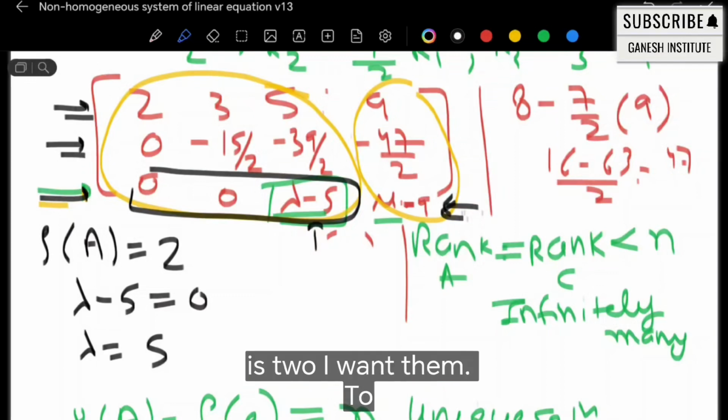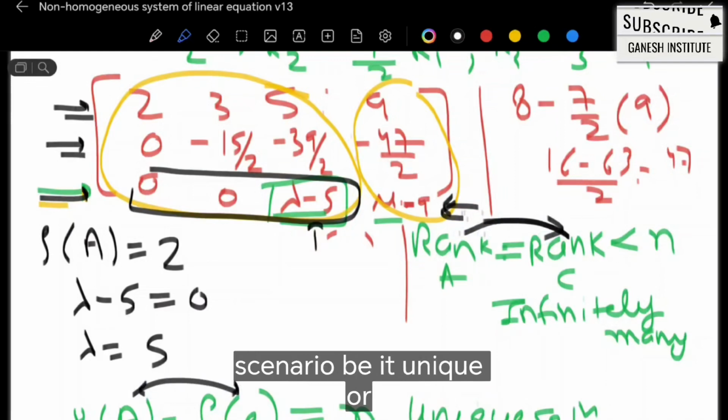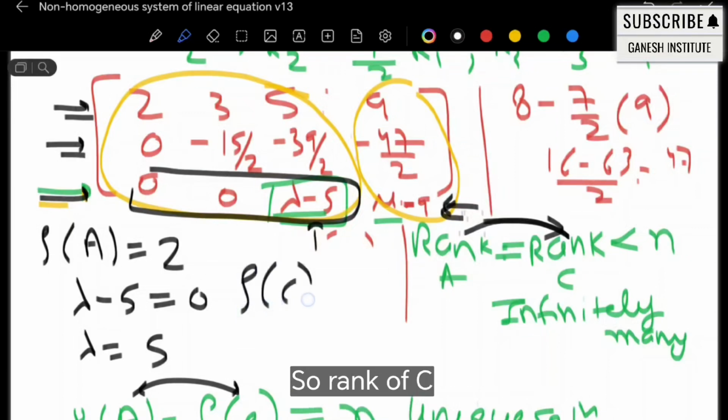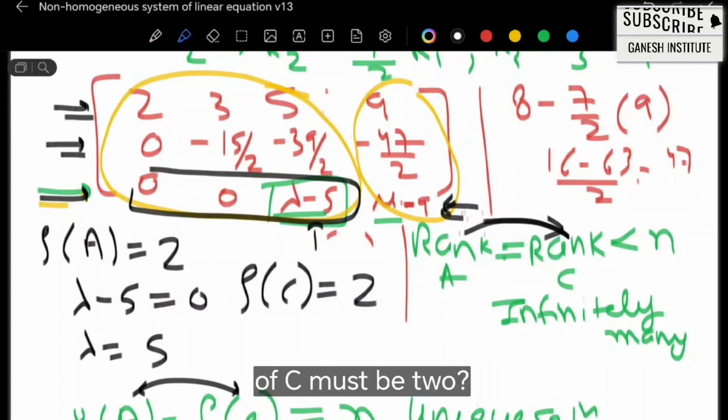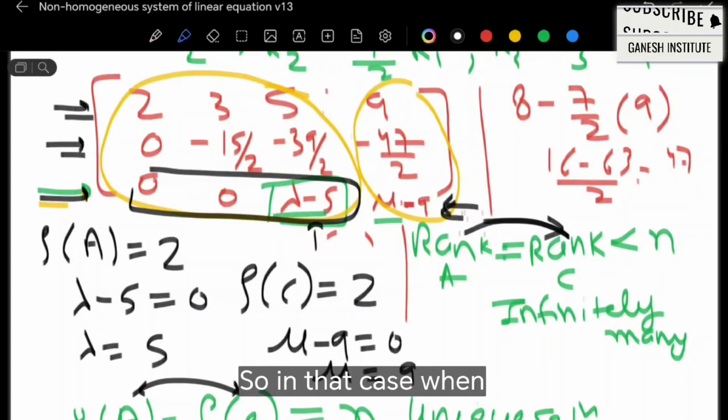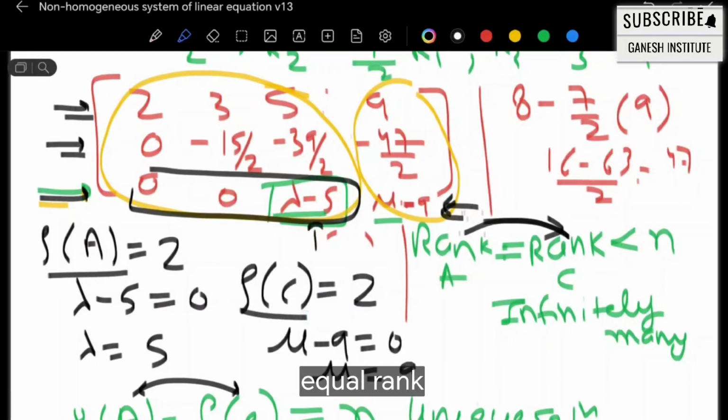If rank of A is 2, I want them to be equal in both of the scenarios, be it unique or infinitely many. So rank of C must be 2. Right? How can rank of C be 2? It can become 2 if we have this value also 0. Right? Mu minus 9. So that means mu has to be 9. Correct?